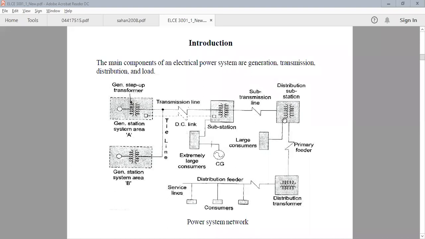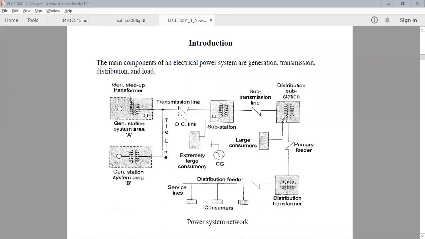So, as I said, the main reason that we are transmitting in high voltage is to reduce the losses that come from high currents. Because for the same power, whenever we increase the voltage, we reduce the current, because power equals voltage multiplied by current multiplied by power factor. So if we increase the voltage, we reduce the current.